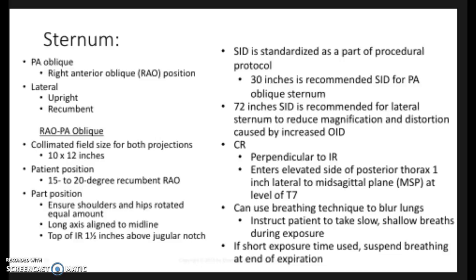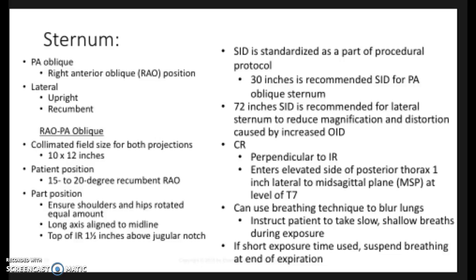It's the RAO because it uses the shadow of the heart to help with visualizing the sternum a little bit better. You don't want to be too far obliqued because you're trying to keep the sternum relatively flat. So it's a very shallow oblique, 15 to 20 degrees, and the patient can be lying down or standing up, either way.